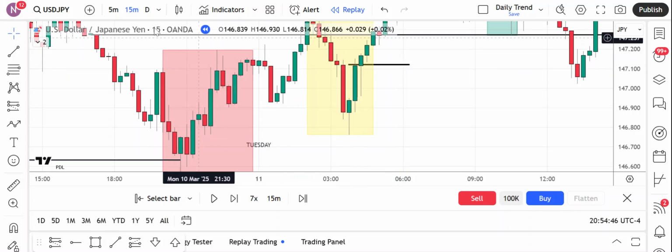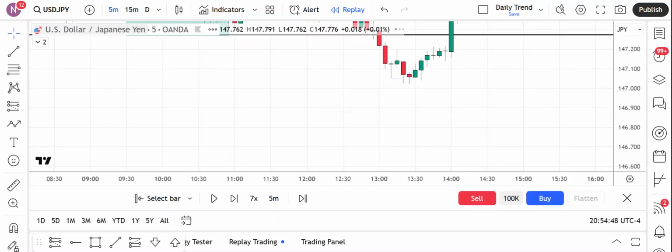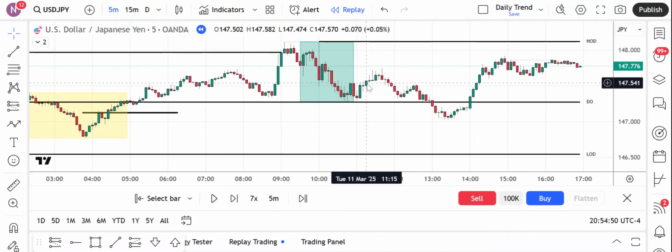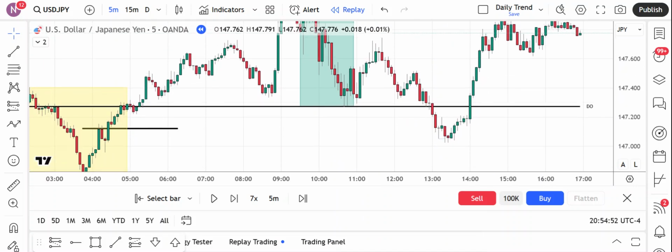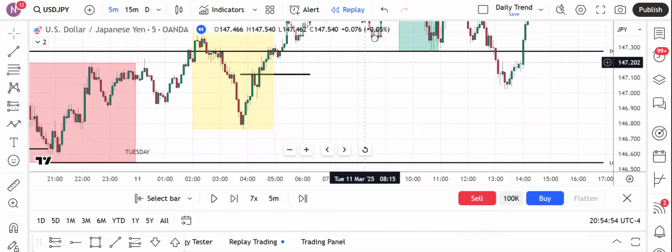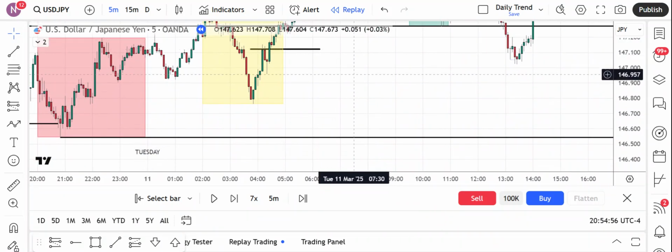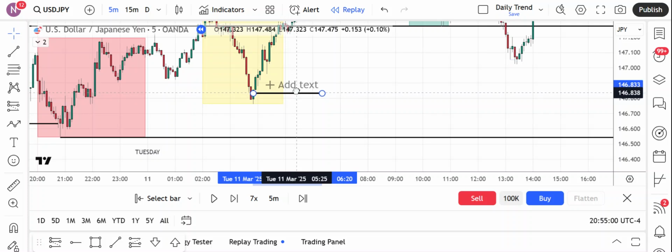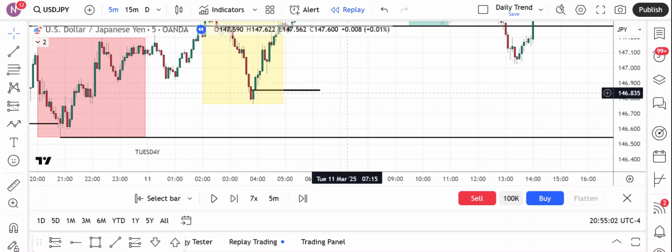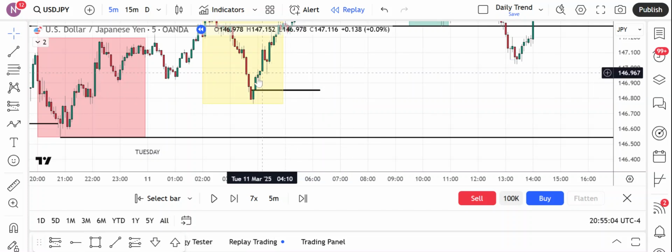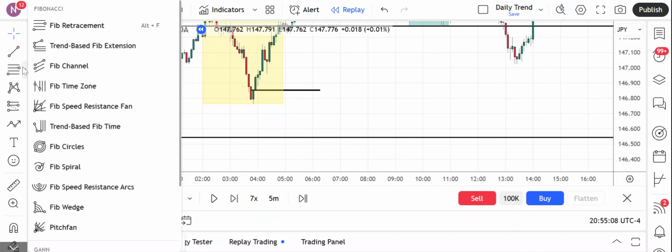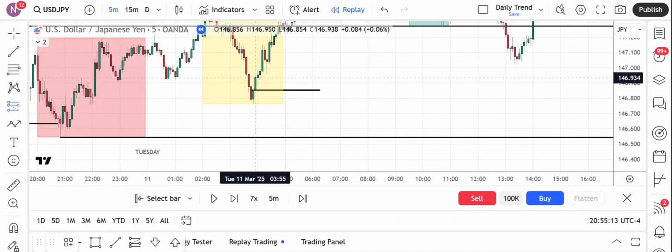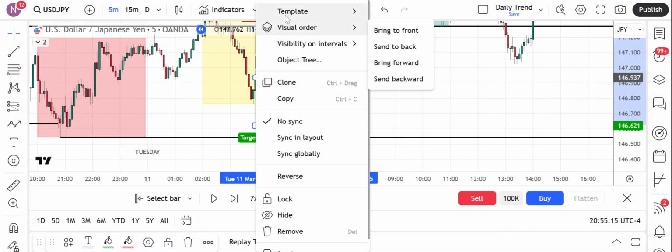Okay, let's take it one step further. If we go down to a 5-minute chart, which you can do, which one of these candles created the low of London? Right here. Which candle broke it? Right here at 4 o'clock a.m. Stop loss goes below the low of the money candle for that session.